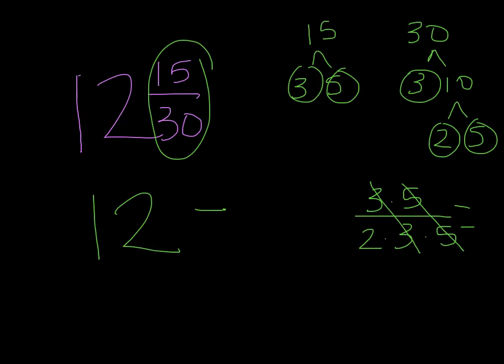Now if we look at the top, we crossed out the 3 and the 5, so all that's left is just a 1. And then all that's left on the bottom is a 2, so we know we're going to put 1/2 right here. So 12 15/30 turns into 12 1/2.